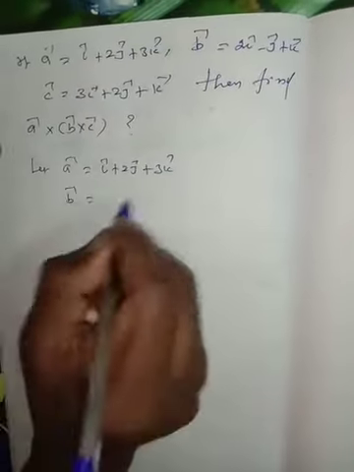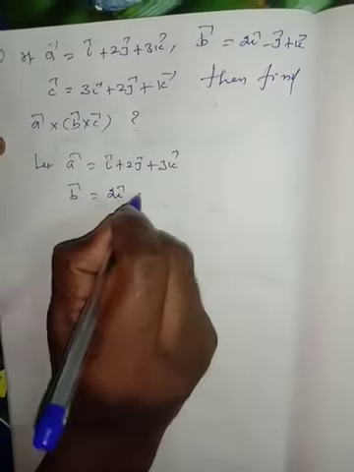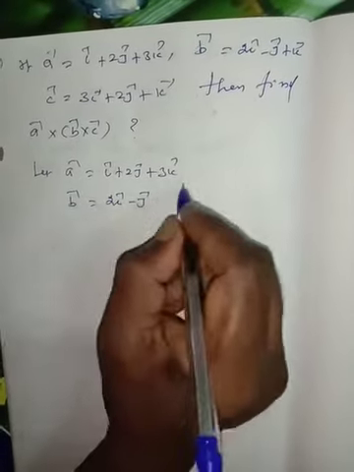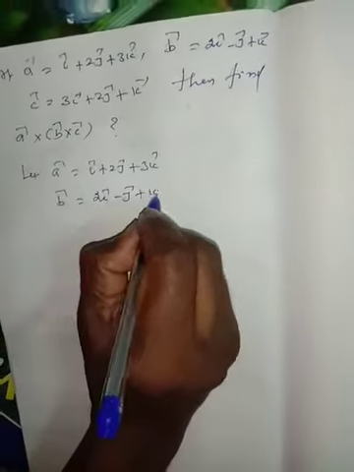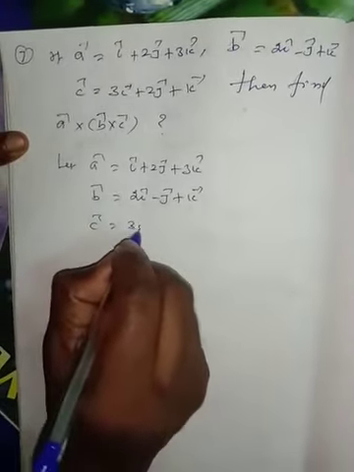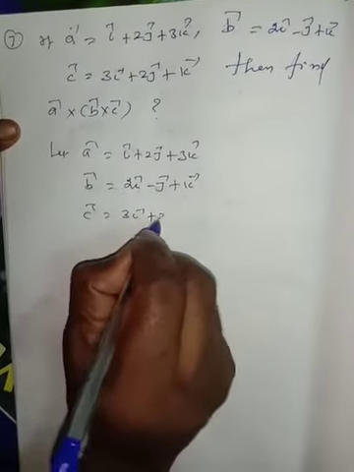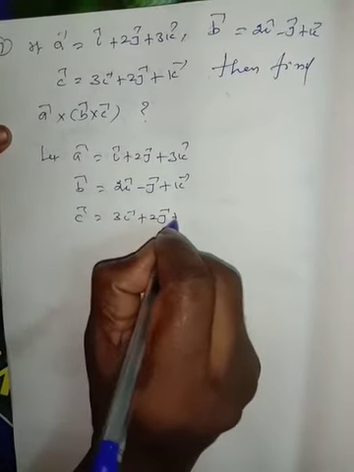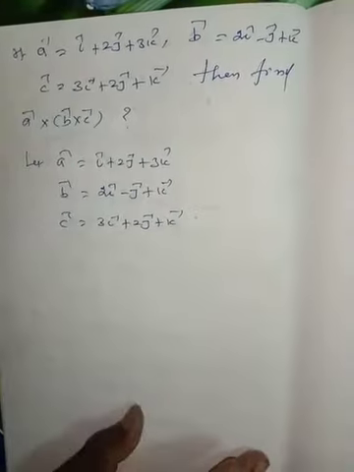B vector is equal to second vector 2I vector minus J vector plus K vector. C vector is equal to third vector 3I vector plus 2J vector plus K vector.